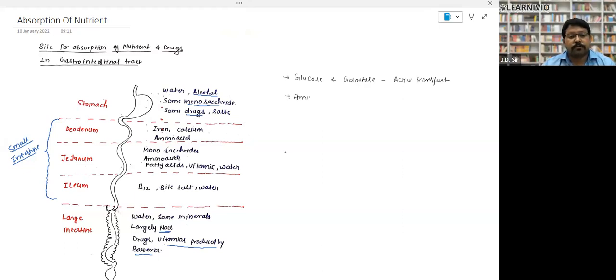Absorption of amino acid is done by active transport.